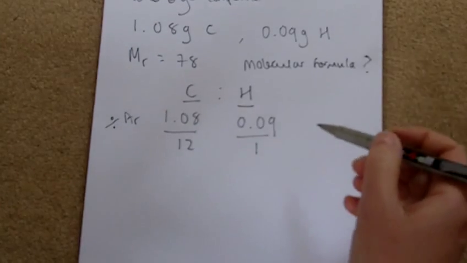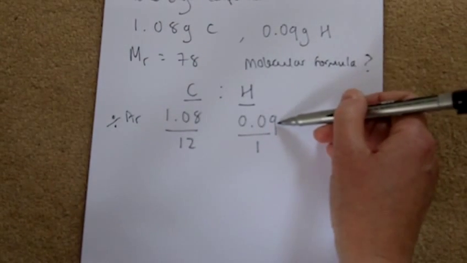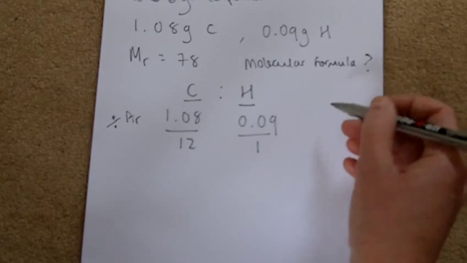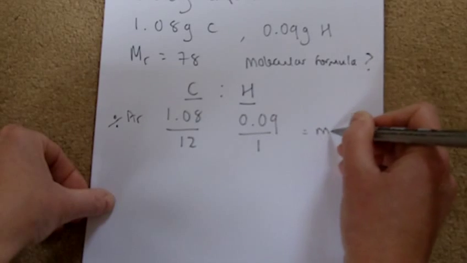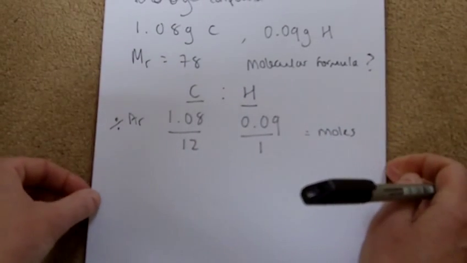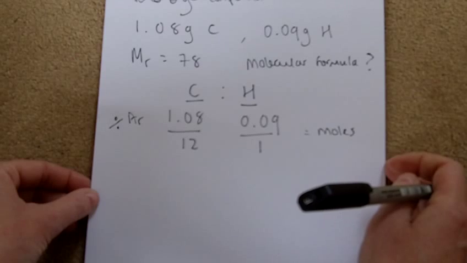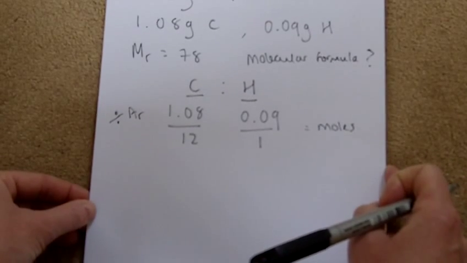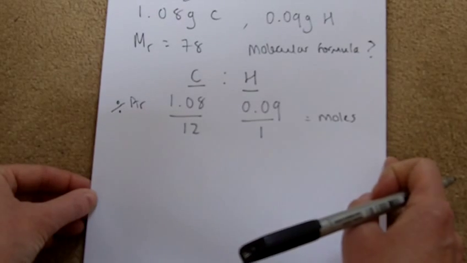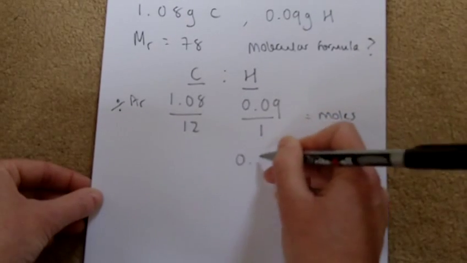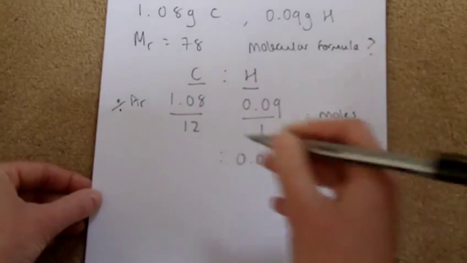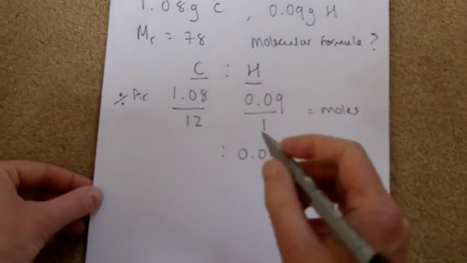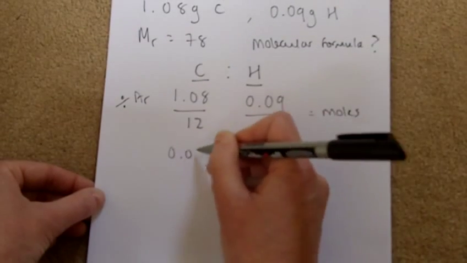What are you basically doing here? You're doing a mass over relative atomic mass. You're basically finding the moles. Mass over molar mass for a molecule, relative atomic mass for elements. And you do that calculation. Okay, now this one's quite easy. I can do this one in my head. There we go, 0.09. 1.08 over 12 also comes out at 0.09.